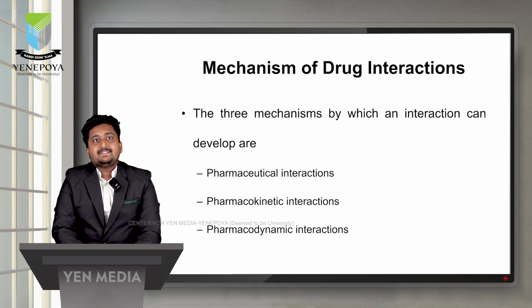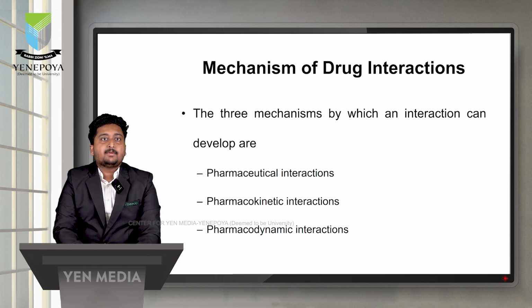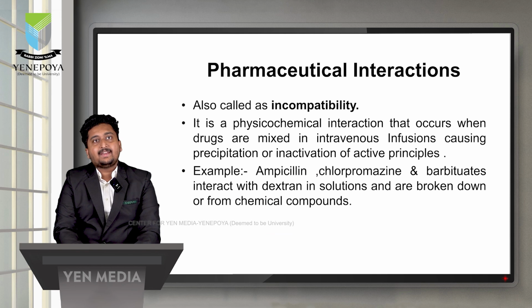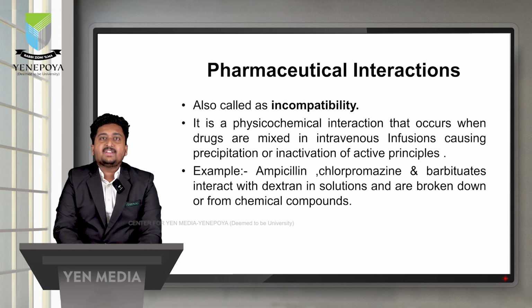Coming on to the three crucial mechanisms, which are pharmaceutical interactions, pharmacokinetic and pharmacodynamic, as we already saw. What are pharmaceutical interactions? There is a synonymous term for this, which is incompatibility, a physico-chemical interaction that occurs when drugs are mixed in IV infusions, causing precipitation or inactivation of active principles.